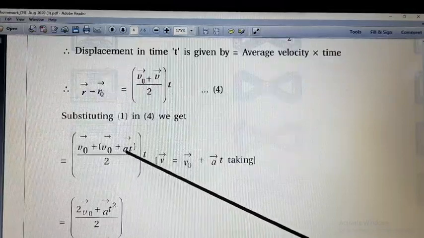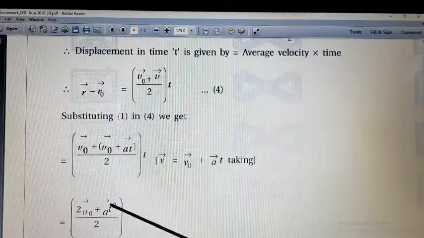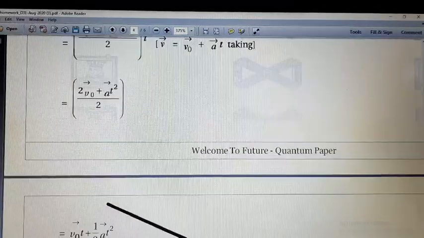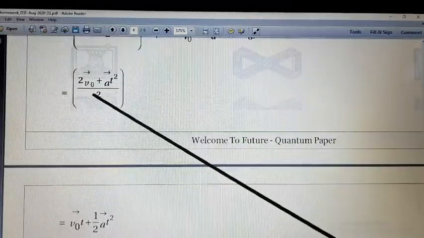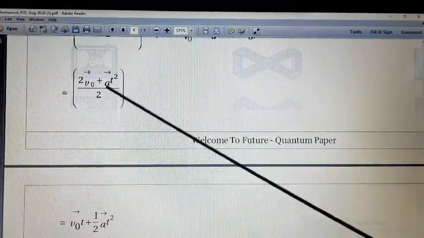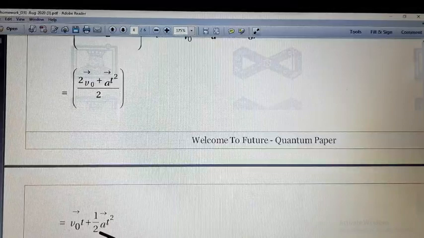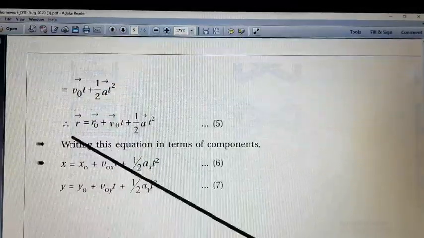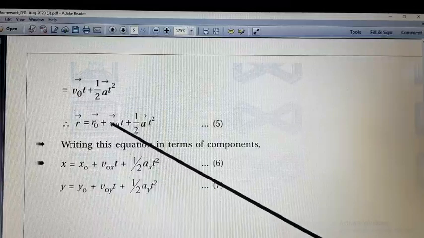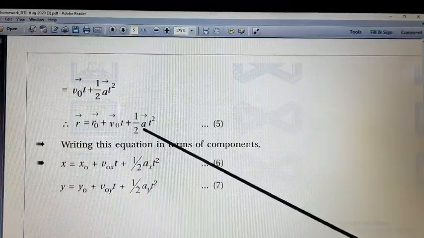Okay, and at square by 2. So friends, the 2s are separate, so the 2s cancel. So we get here v0t plus 1 by 2 at square. So vector r is equal to vector r0 plus v0t plus 1 by 2 vector at square.